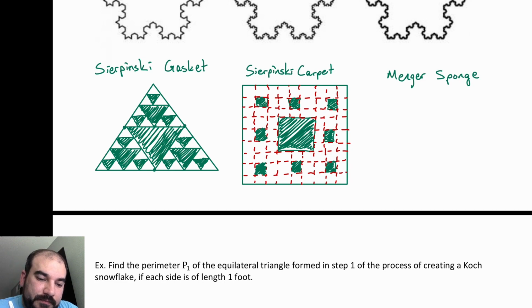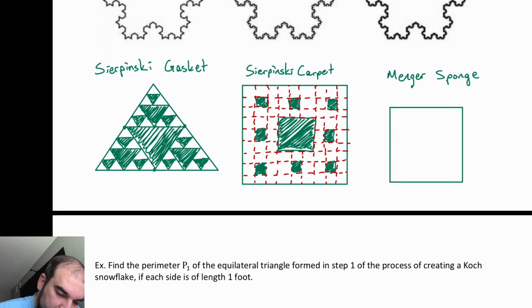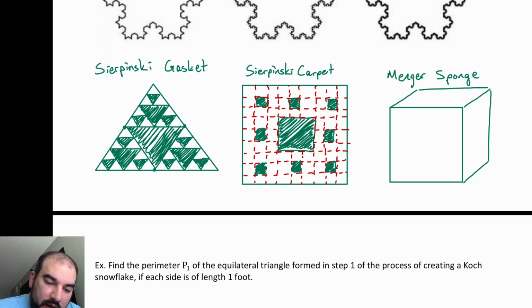And then the Menger sponge is a 3-dimensional version of the Sierpinski gasket, which means I'm going to draw a cube here. Right, and then I'm going to cut the cube into, essentially forming kind of like a Rubik's Cube situation here.